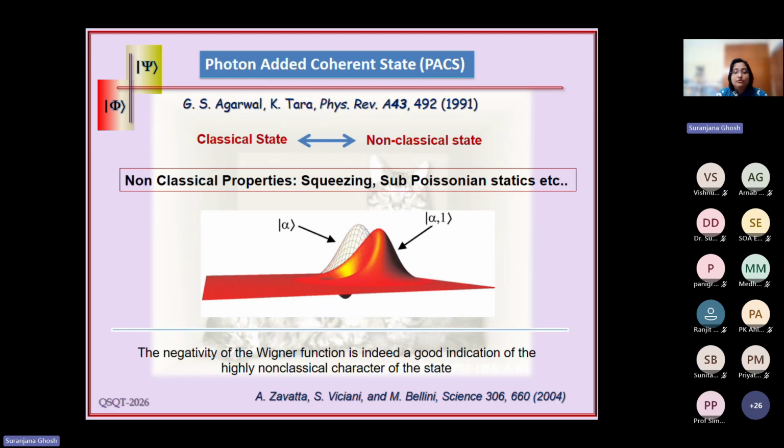If one photon is added there, one can see the squeezing property, and it also shows negativity in the Wigner function. There are many works in the literature in this direction, and the first experiment was done in 2004 by this group, where they experimentally realized this single photon added coherent state.